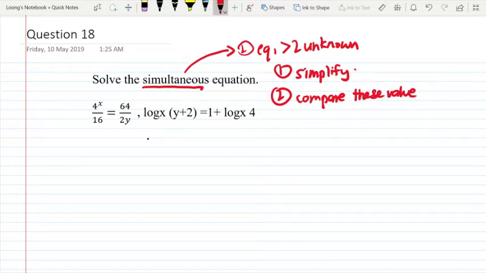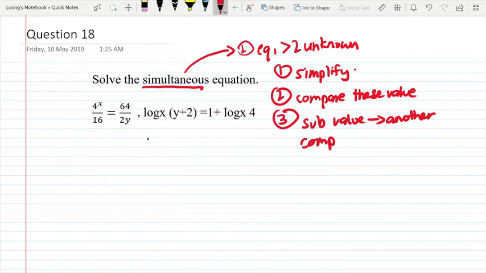So after that, we need to sub the value that we find into another unknown, so that we could find the complete value.